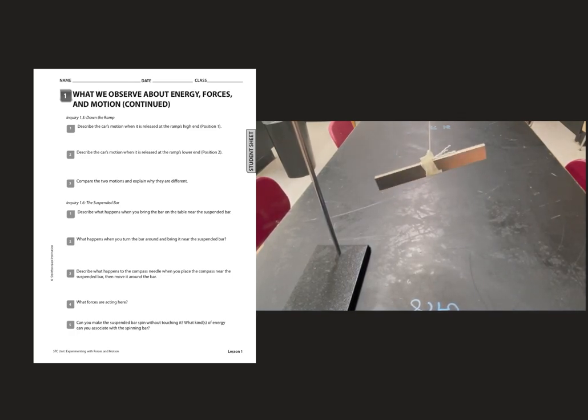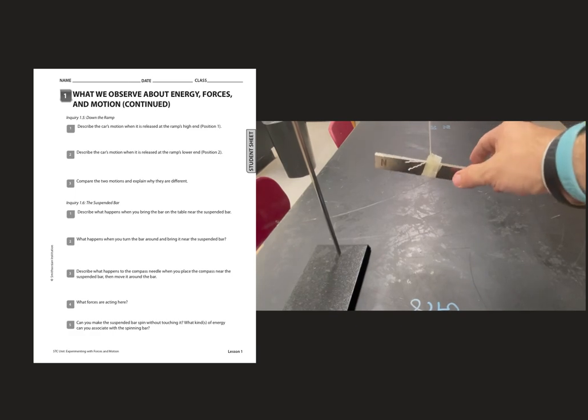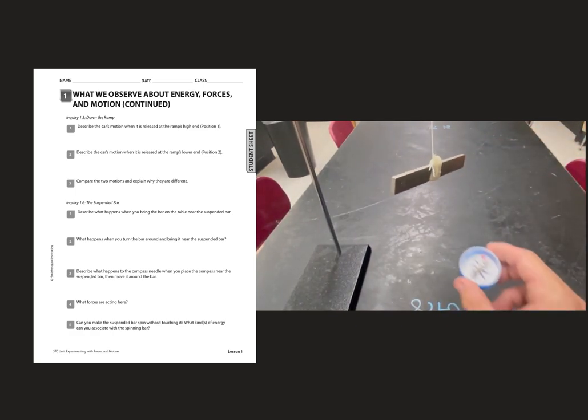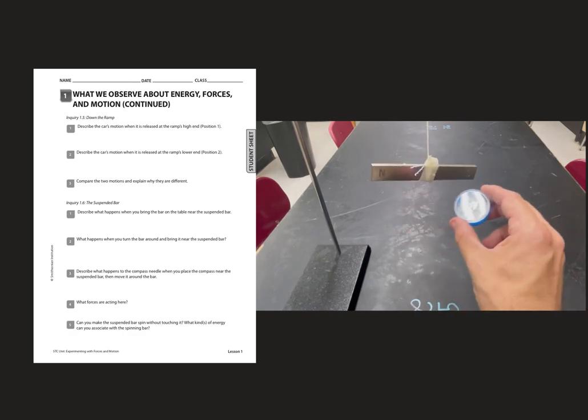Number 3, take the compass on the table and place it near the suspended bar. All right, look what happens when I move it around the bar.